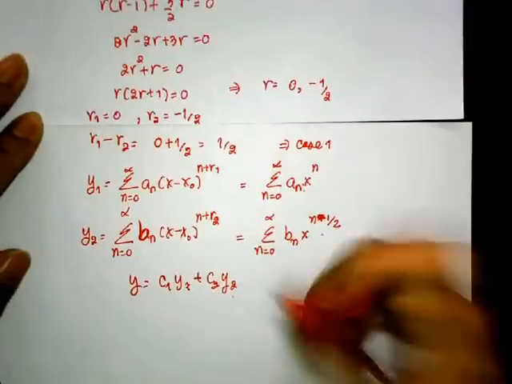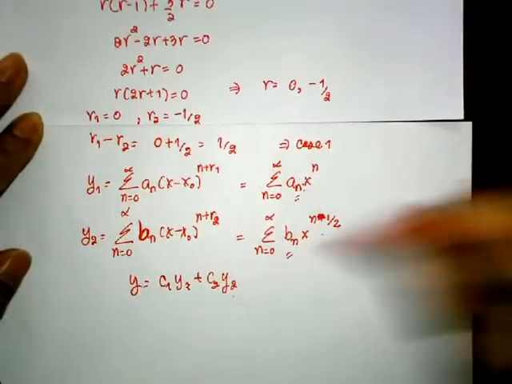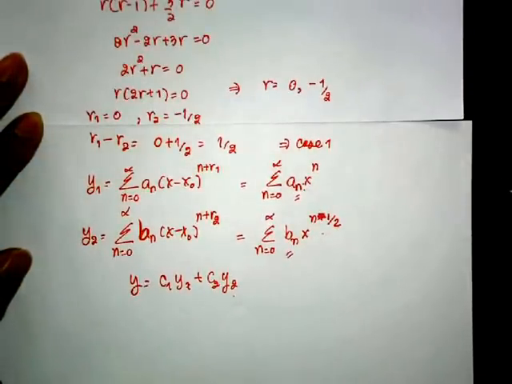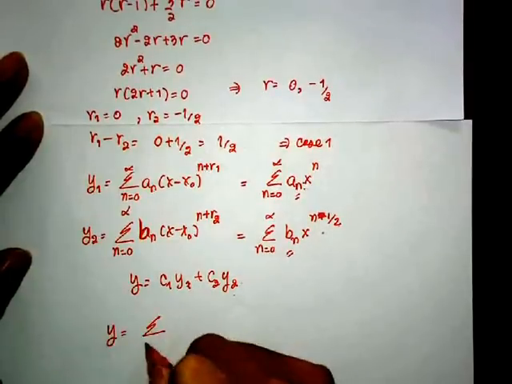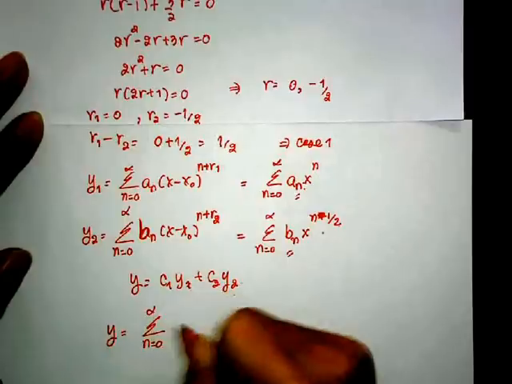So in order to get the recurrence relation of y1, an and bn, we've got to put this definition into the differential equation.